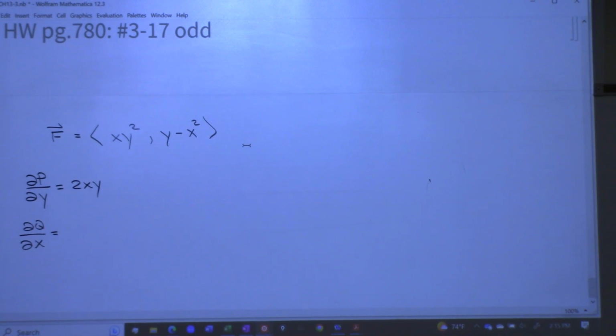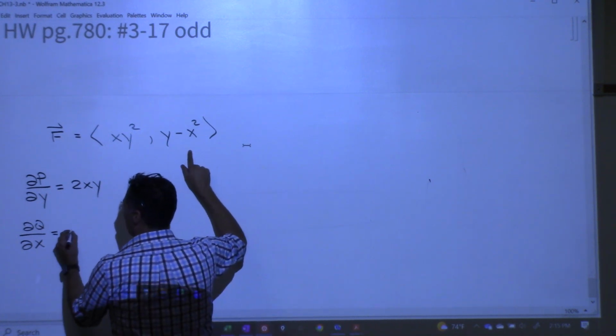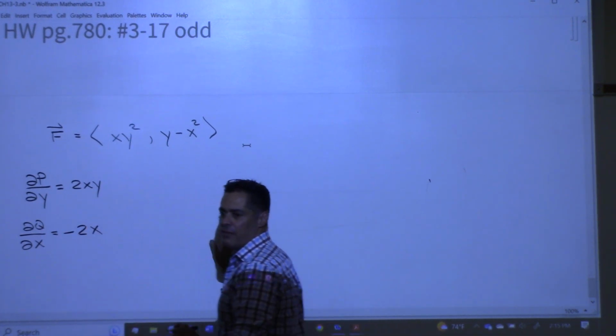Negative 2x. These aren't the same. It is not conservative, right?